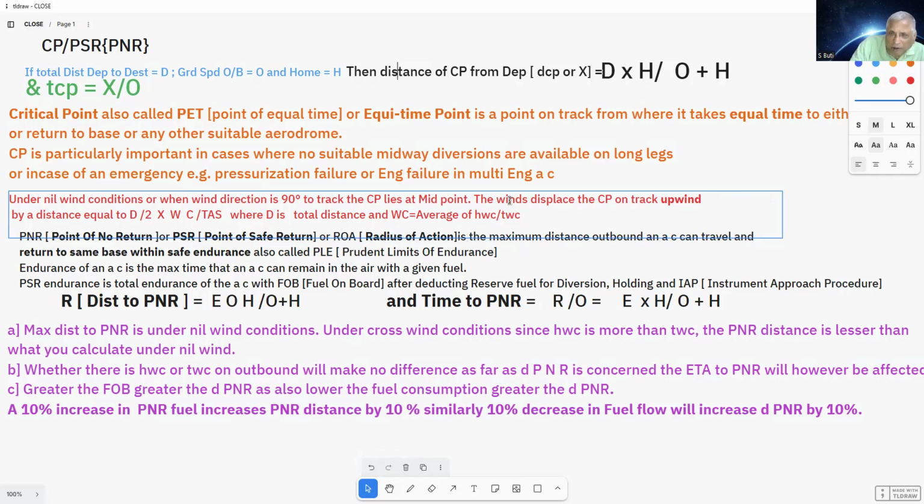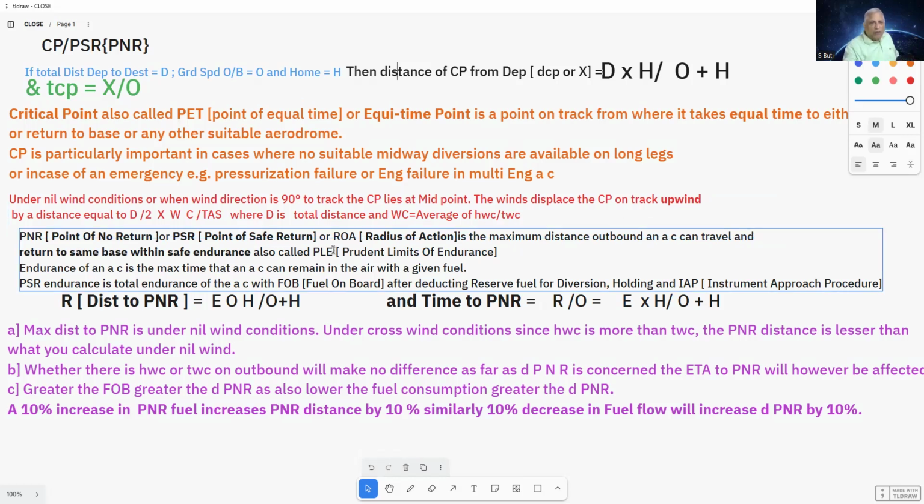If the winds are from your back, then it will shift to your back towards your departure point, by a distance equal to D by 2 into wind component by TAS. D is the total distance and wind component is the average of headwind component or tailwind component.